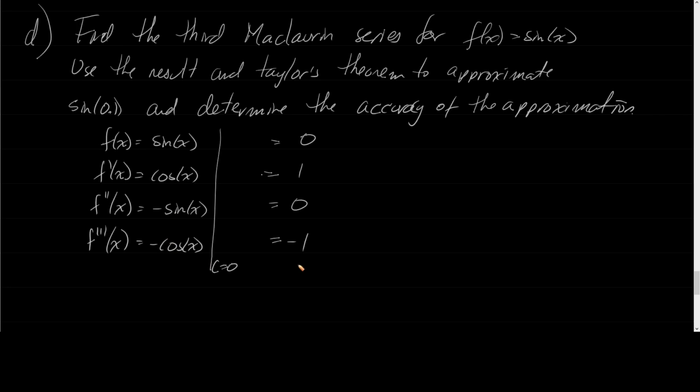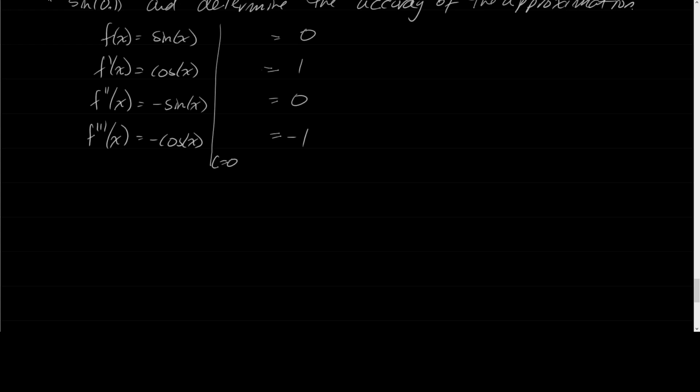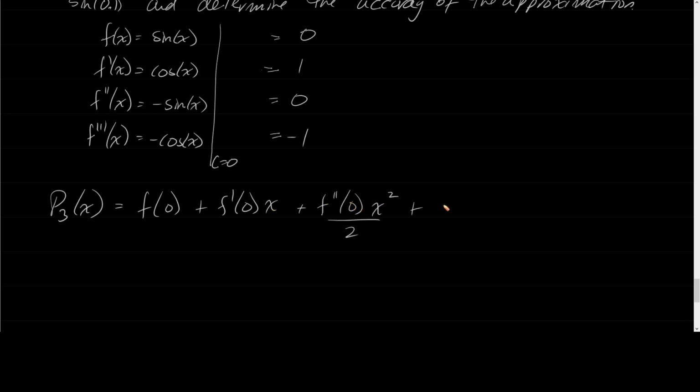So what do we have now? Well, our third Maclaurin polynomial is going to be, well, I'll write down the formula. f of 0 plus f prime of 0 times x minus, well, just x, right, because we're doing Maclaurin. So x to the 1, plus f double prime of 0 times x squared over 2 factorial, I forgot the factorials, plus f triple prime of 0 times x cubed over 3 factorial.